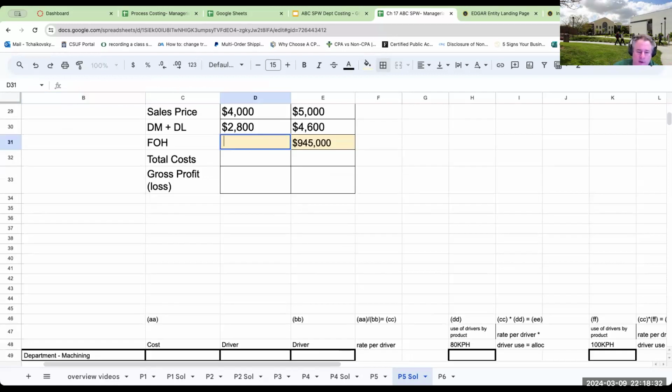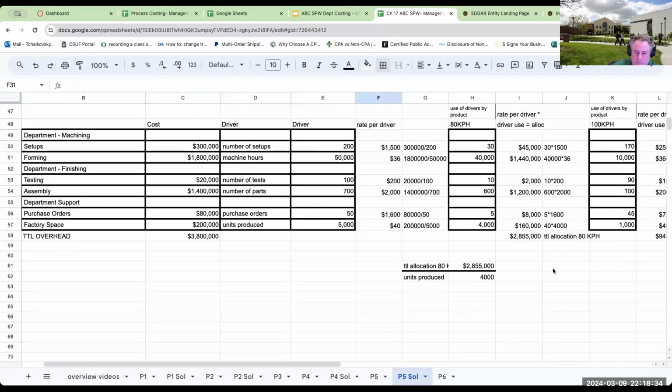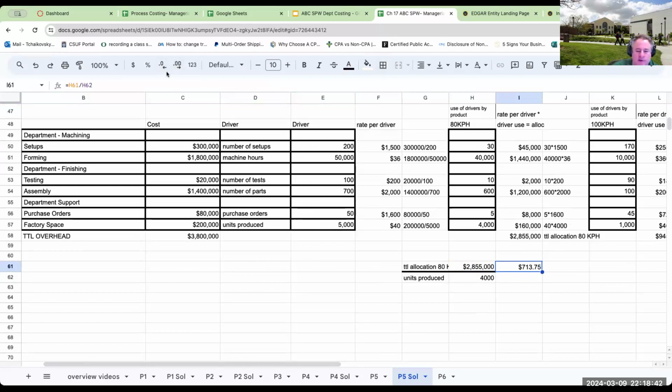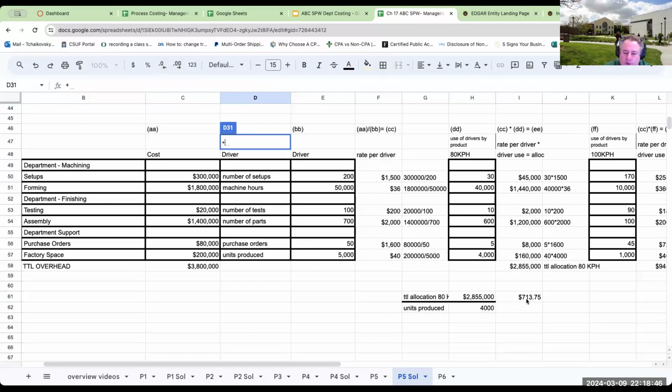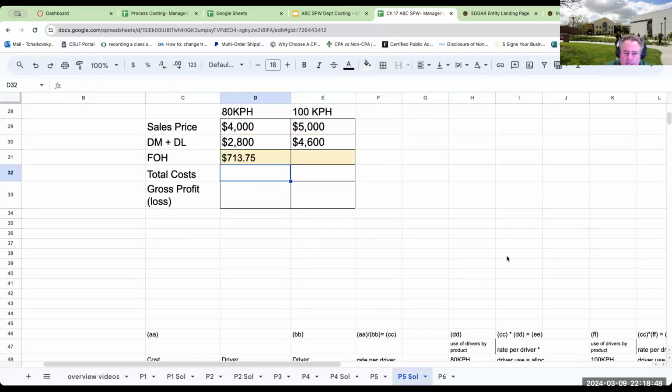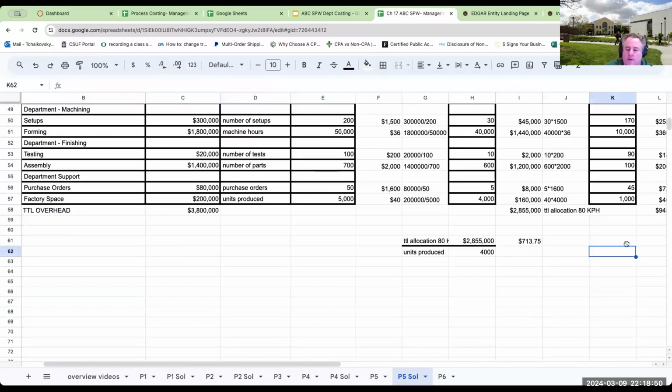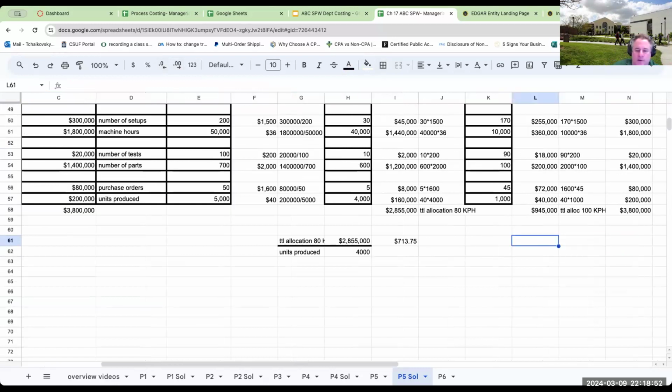So coming over here, this is going to be 713.75. So my allocation for factory overhead over here is 713.75.